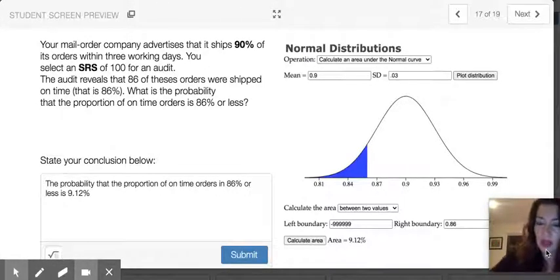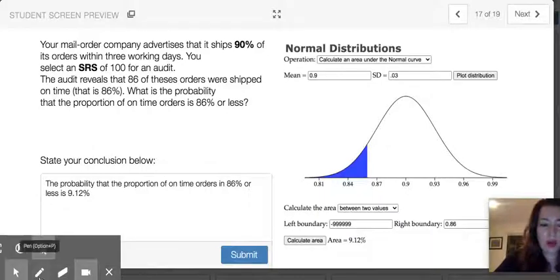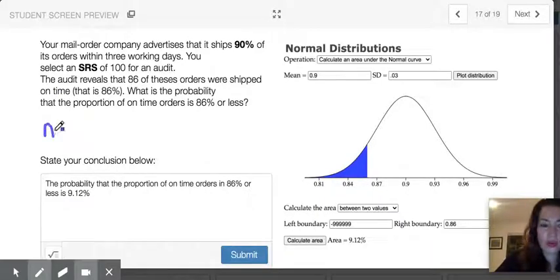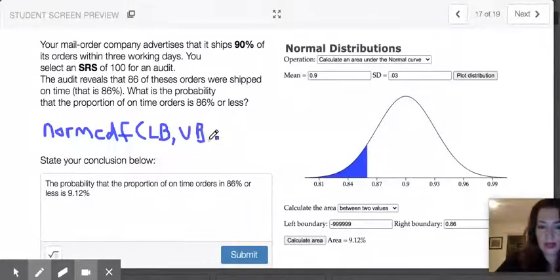In this case, your calculator can tell you if you use normalcdf. For normalcdf you always have first your lower bound, then your upper bound, then the mean, which in this case is our P, and the standard deviation, which in this case is the square root of pq over n.